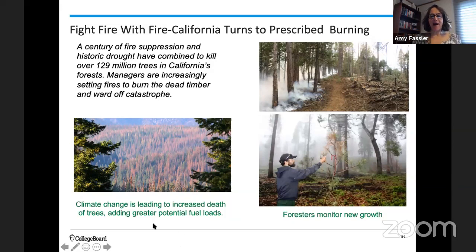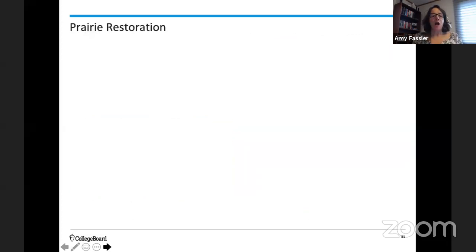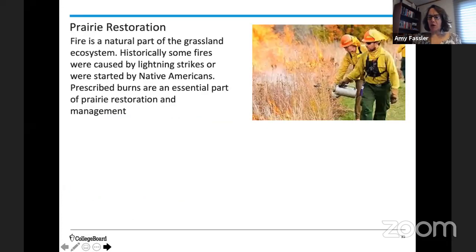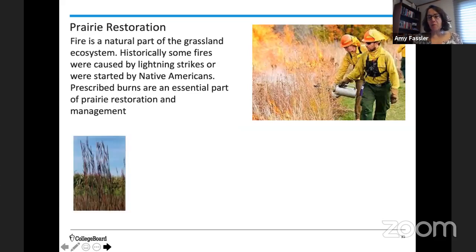And the positive note here, the forester is monitoring the new growth of trees after that prescribed burn. We also remember that point about how some species need fire in order to release their seeds. Well, that's a natural part of prairie management where fires are set on a rotating few-year cycle basis. It's really what created grasslands to begin with. Remember, these are some of the most fertile ecosystems in the world, temperate grasslands.